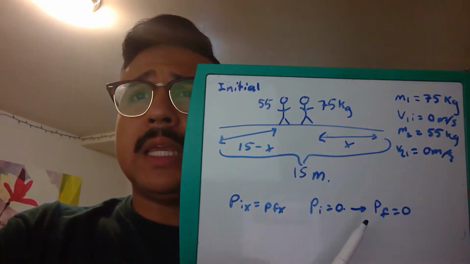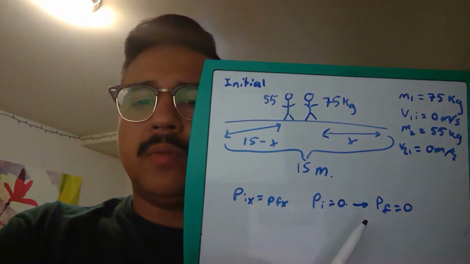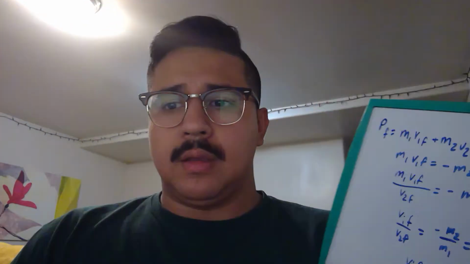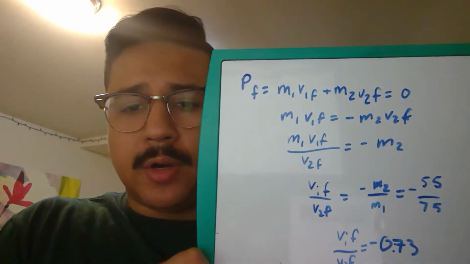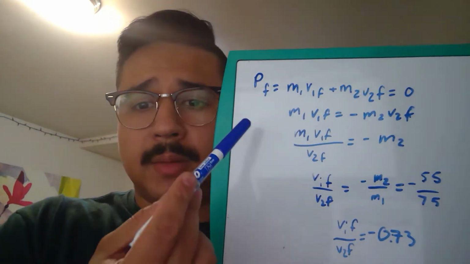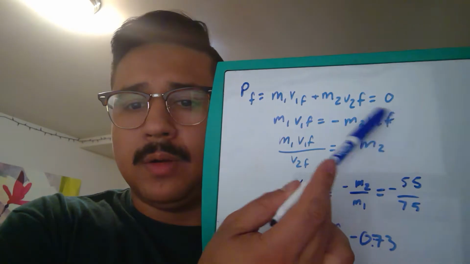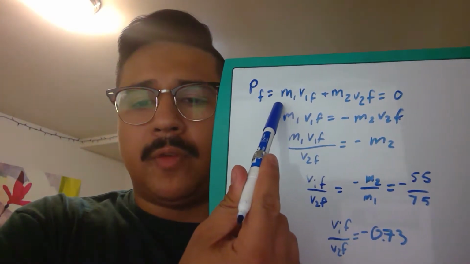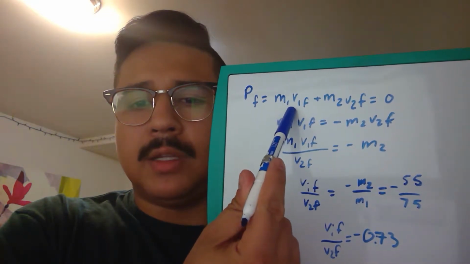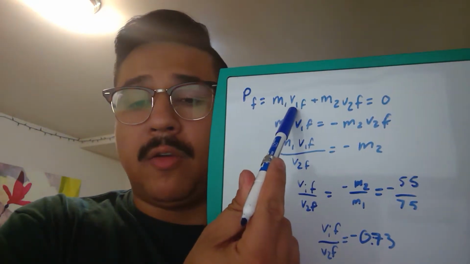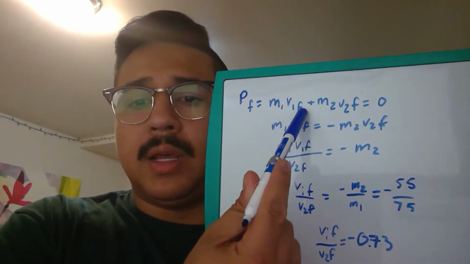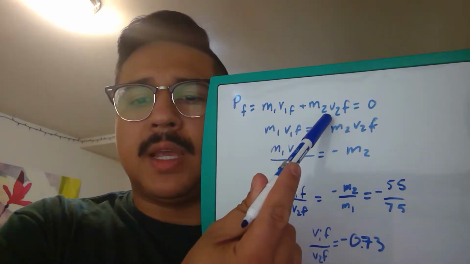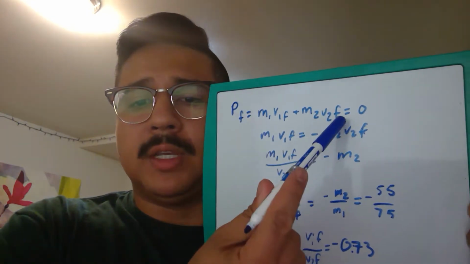So now I'm going to write the equation that we're going to use to solve for the rest. I'm just going to pause and write that on the board. So first, we're going to start off with our momentum. Our final momentum is equal to 0, and our final momentum is equal to our first mass times our first final velocity, plus our second mass times our second final velocity, which is equal to 0.